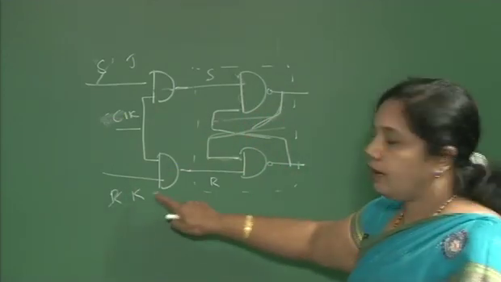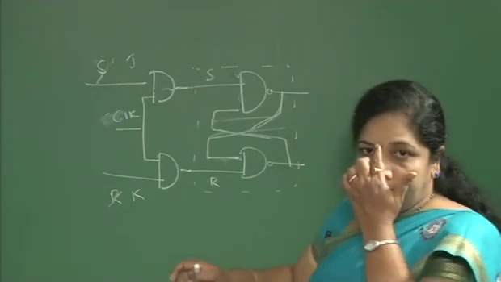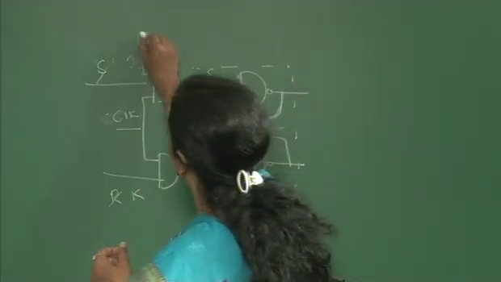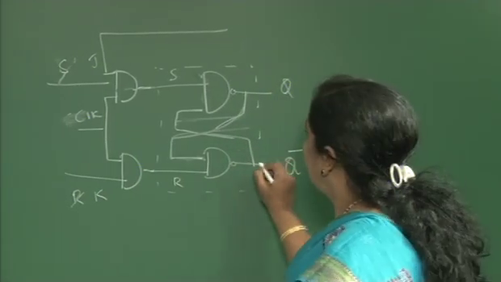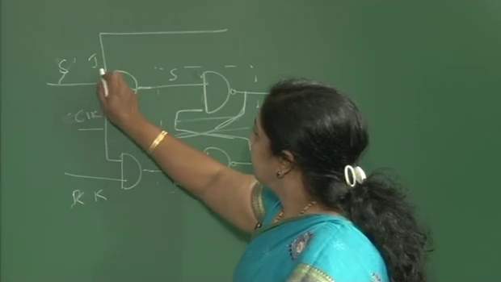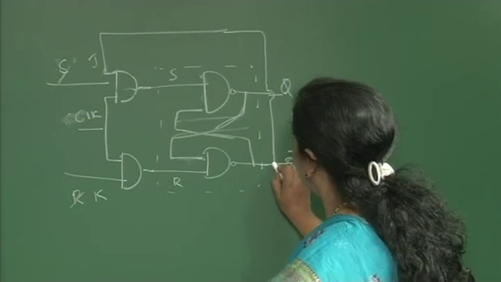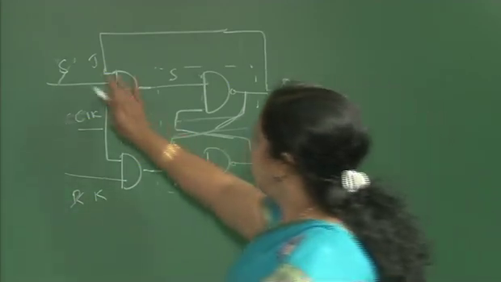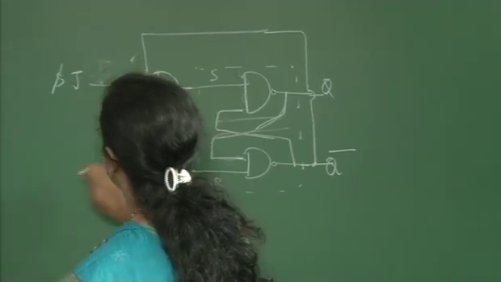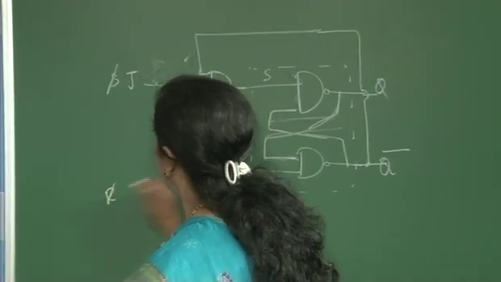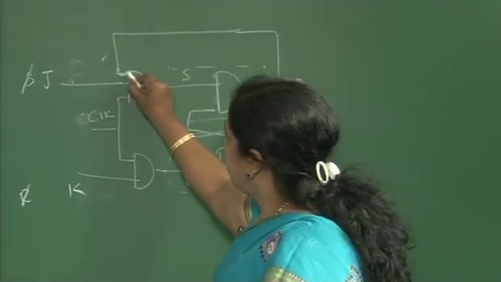So this is SR flip flop. Now I convert this to JK by connecting this Q and this complement of Q. I connect this input to Q complement. Now S has changed to J, and R I am changing to K. So additional inputs are given here.